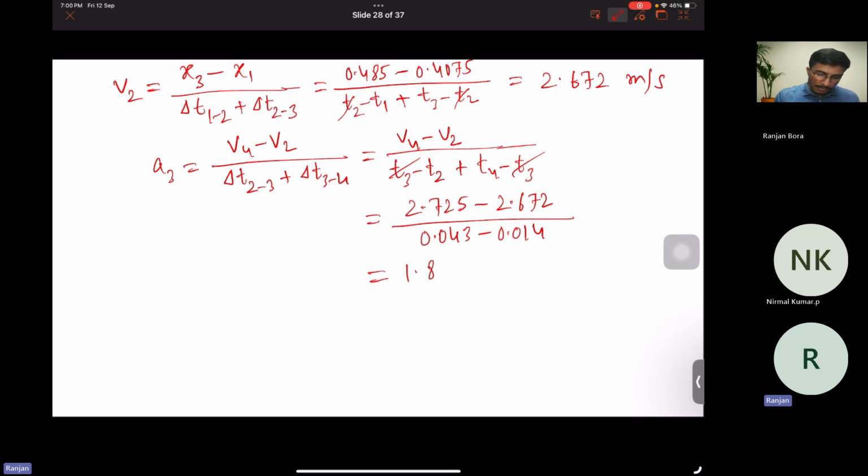So it is coming 1.827. And what will be the unit for acceleration? It is meter per second square. Okay, this is the acceleration for frame 3.